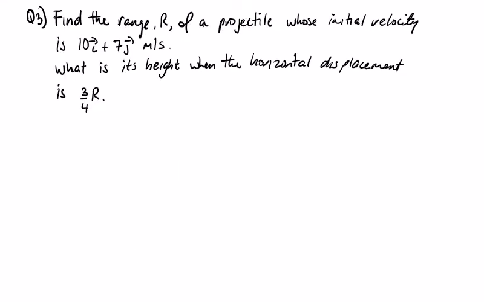In question 3, we're asked to find the range of a projectile whose initial velocity is 10i plus 7j. So we know that the range, we need to get this distance here, the displacement in x, but we need the time taken to get there.